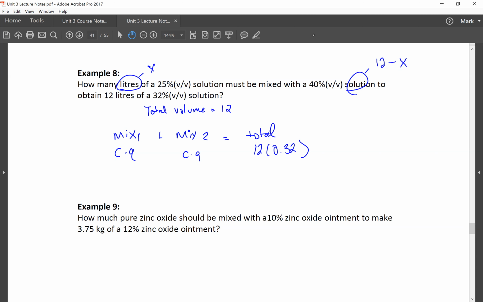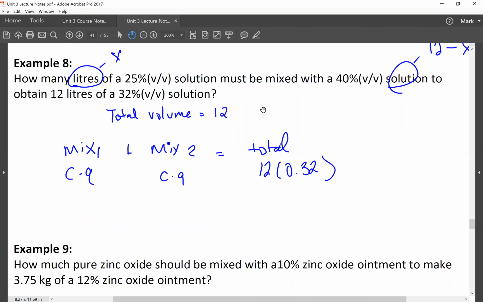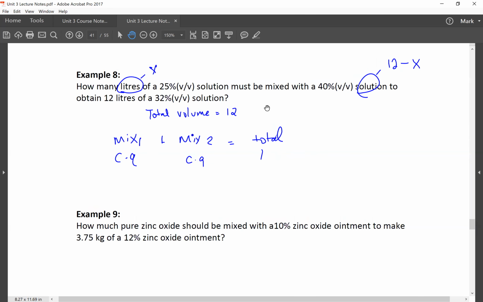Unfortunately, I do have to erase this because they don't give me much room to write in here. But you'll see me write it down. Just watch what I'm about to do.